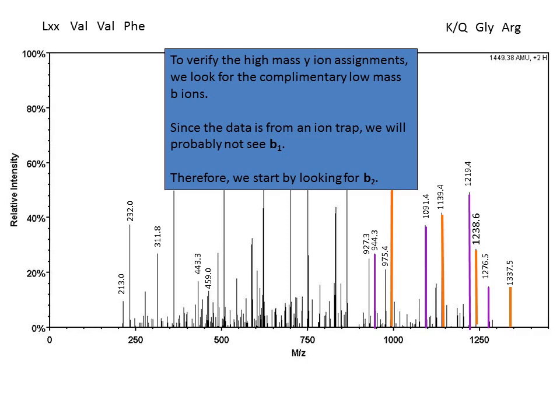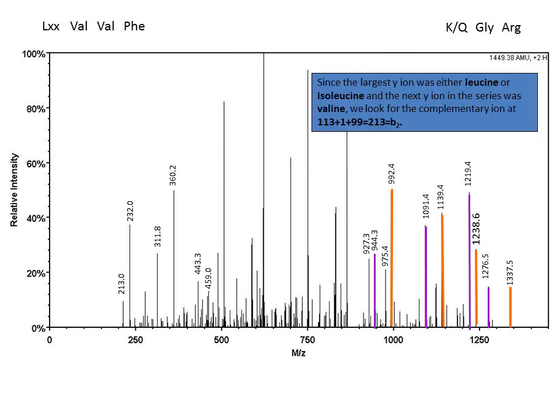So with ion trap data, we normally don't see ions below about 200 daltons, so we need to start looking for the ion that would reflect leucine and valine joined together, or B2. If we add together the mass of leucine and valine, we get 113 and a hydrogen atom and 99, which equals 213, which is present in our spectra.